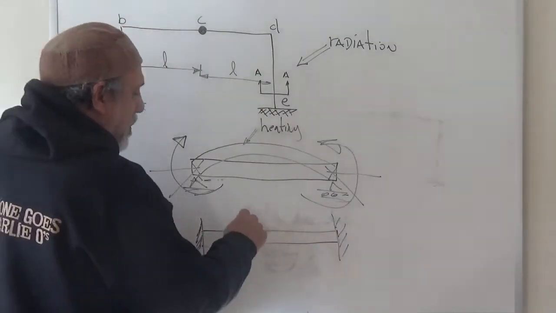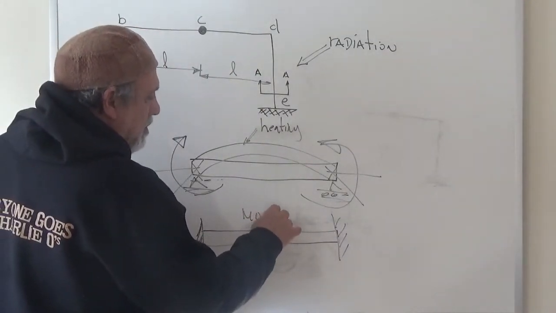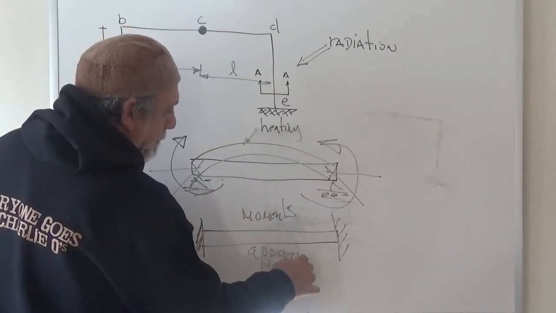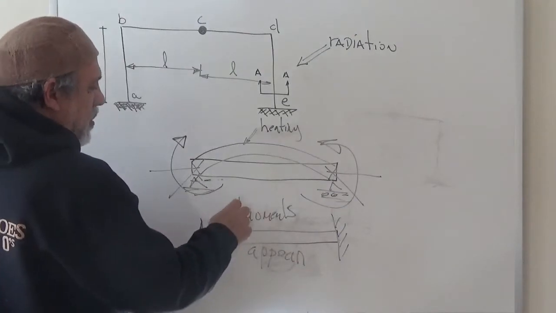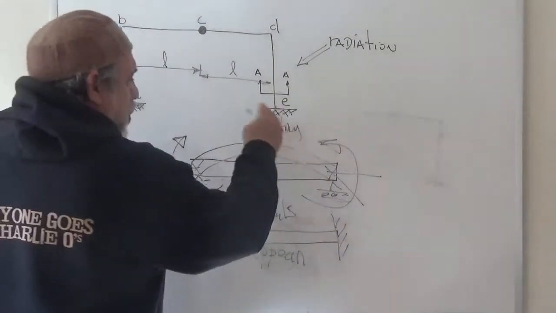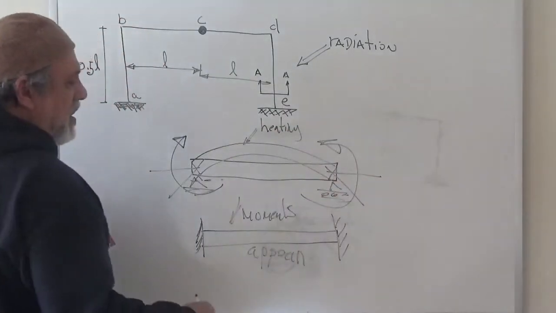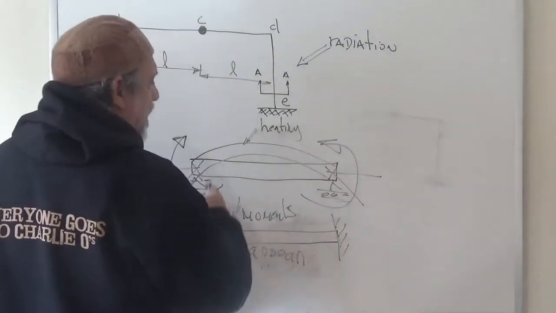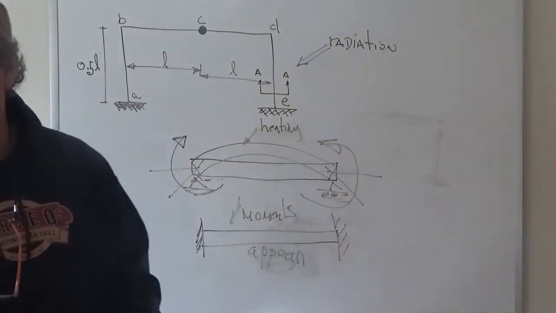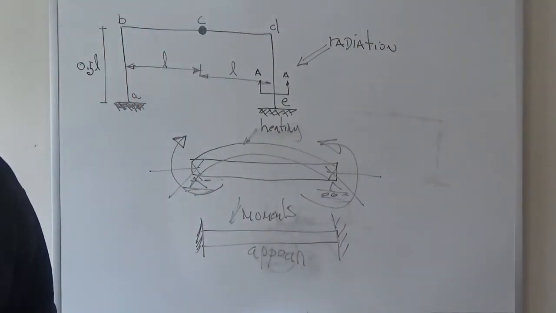So moments would appear if we heat the top of this beam. So in the case of statically determinate, we do not produce any moments or shears. In the case of statically indeterminate, the temperature does produce moments and shears and axial forces and so on. Okay?